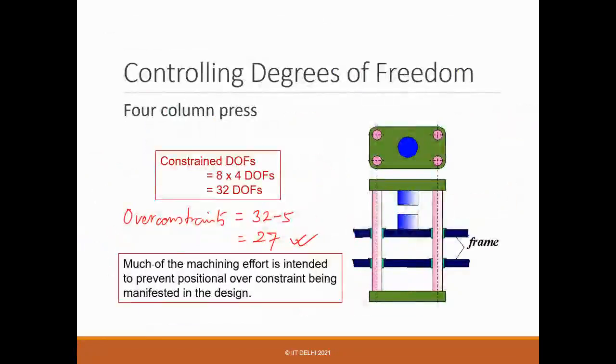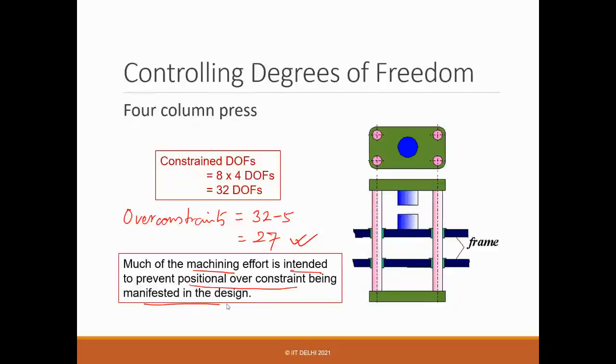So what it says is, much of the machining effort is intended to prevent positional over constraint from being manifested in the design, because the design is heavily constrained, and to take care of those over constraints, you have to make parts or components with very high tolerances. And not only the parts, but even during assembly, you have to take care of the assembly procedure and the alignment, and that's the price you pay.